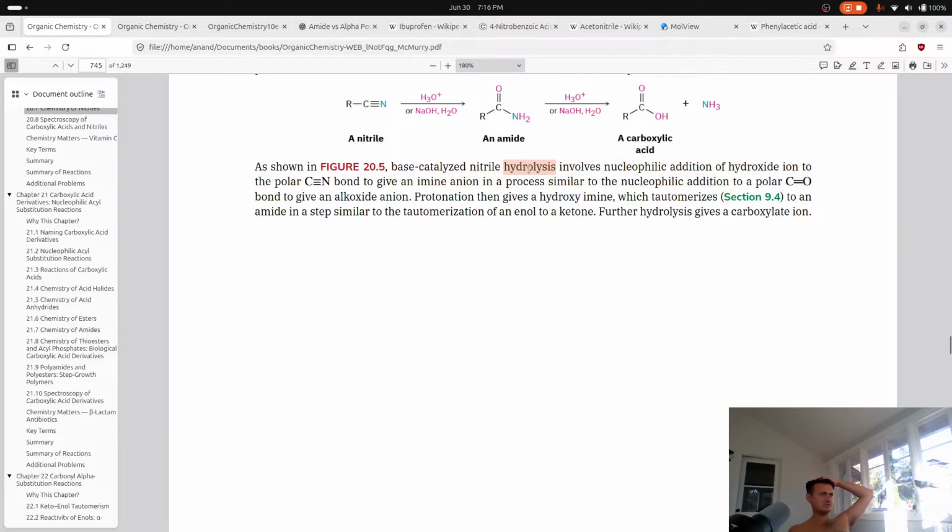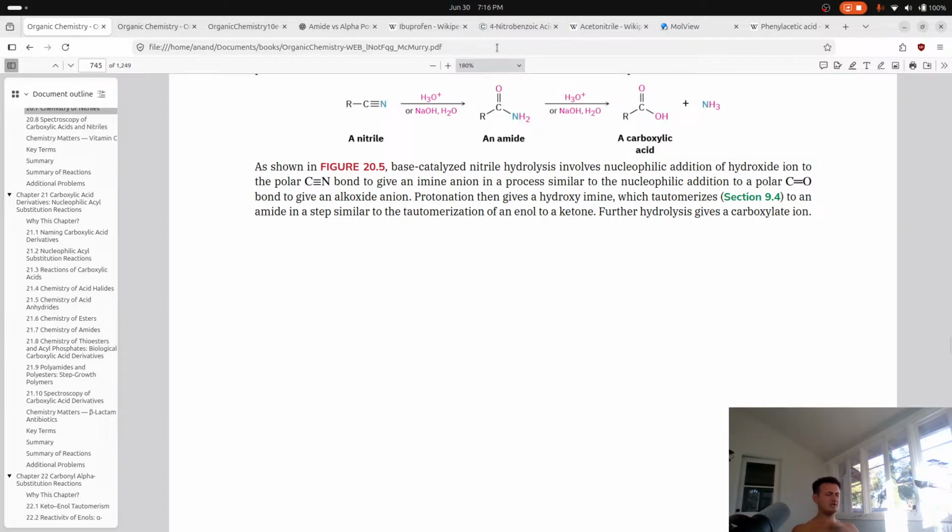Base catalyzed nitrile hydrolysis involves nucleophilic addition of hydroxide ion to the polar nitrile bond, CN bond, to give an imine anion in a process similar to the nucleophilic addition to a polar carbonyl bond, to give an alkoxide anion.